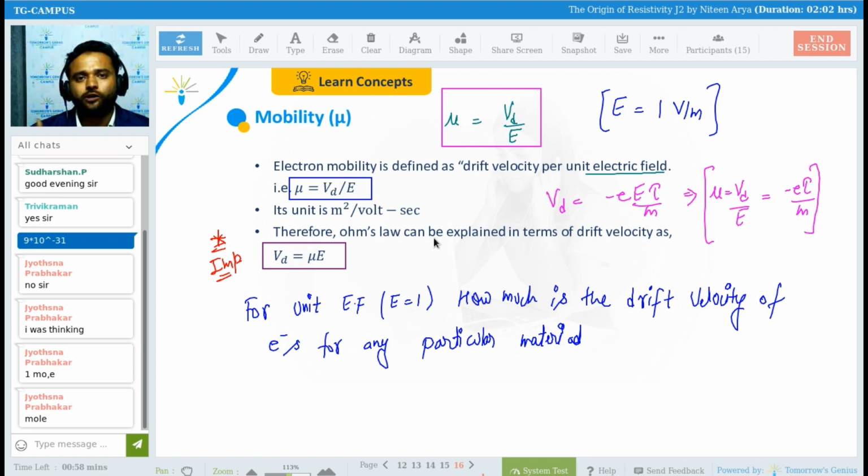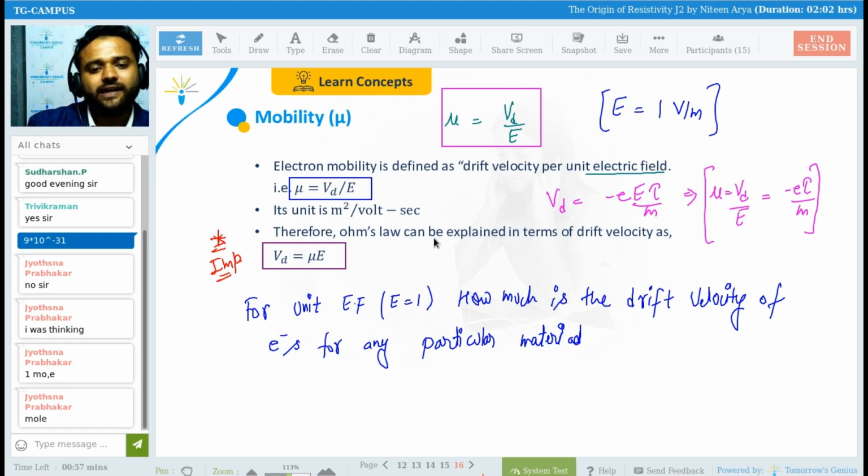For that, we give a new quantity known as mobility. What is mobility? The drift velocity for particular charged particles in any material where the electric field is 1. What is electric field? The moment we apply 1 unit potential across a unit length of conductor, the electric field is 1 by 1. So there are n number of formulas going to be generated.